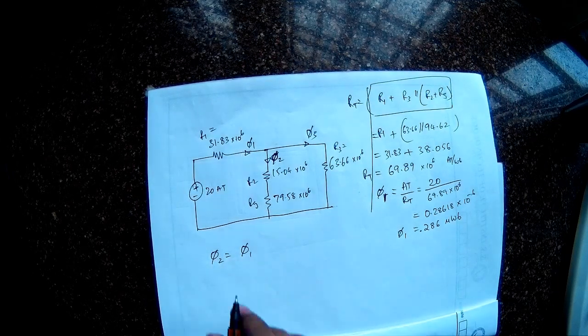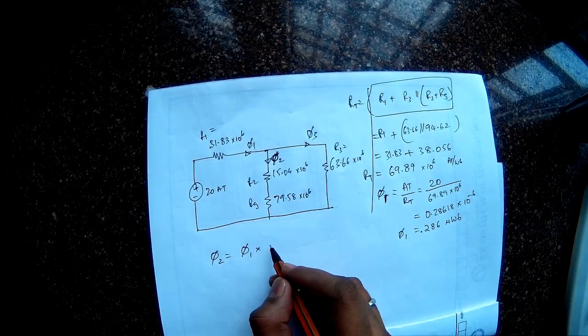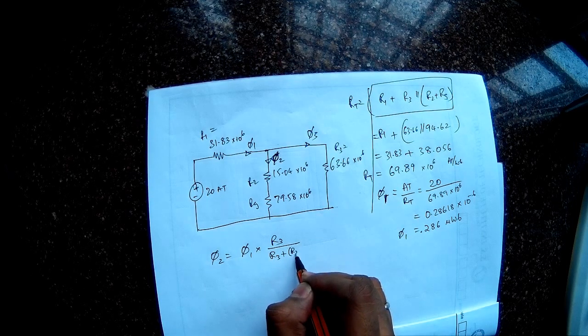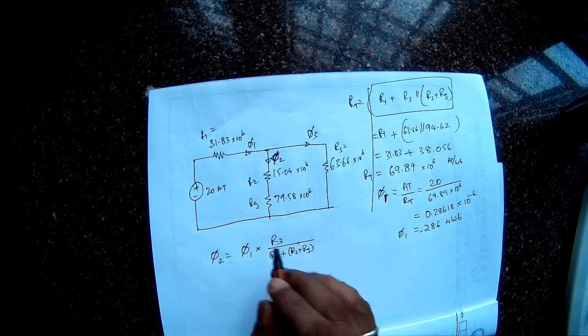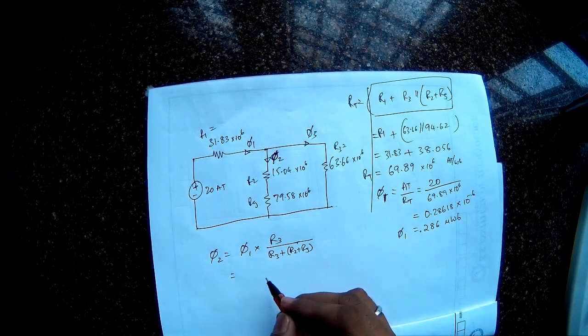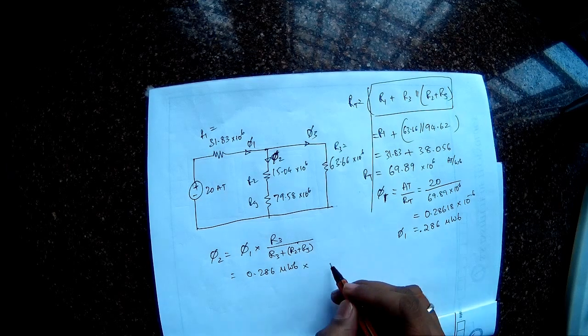So how to get phi 2? Just by current division rule, phi 1 multiplied by R3 divided by R3 plus R2 plus Rg. Okay. So if I do this calculation, just like a current division rule, I can find it. Okay. So phi 1 is 0.286 microwebers multiplied by R3.